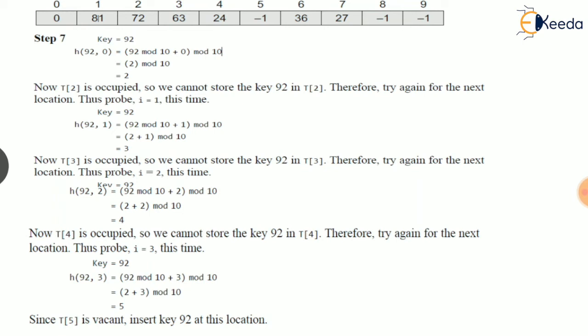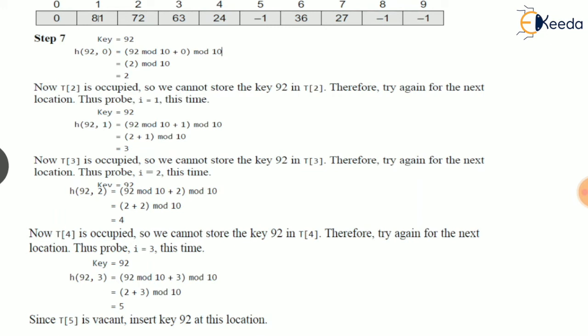So consider the key is equal to 92, and with the help of the mathematical formula that we apply, we calculate the position, that is 2. Means at the second position we now want to insert key 92. But as you see in the hash table, the second position is already occupied in step 1 itself.